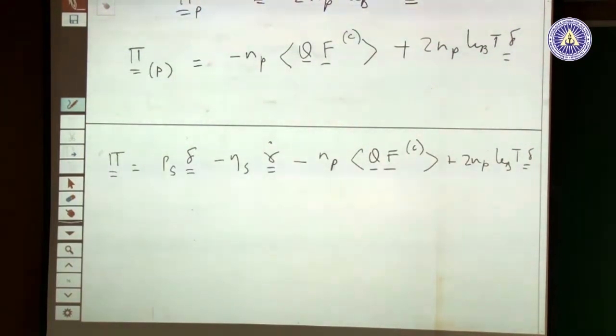So, there are two terms in that Pi p. The second one, 2 n_p k_B T delta, is the thermodynamic contribution or equilibrium contribution. And the first term also has an isotropic property? The first term has a diagonal component, yes.